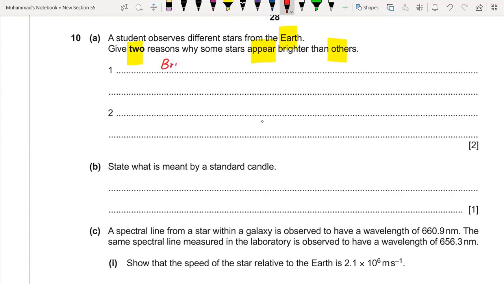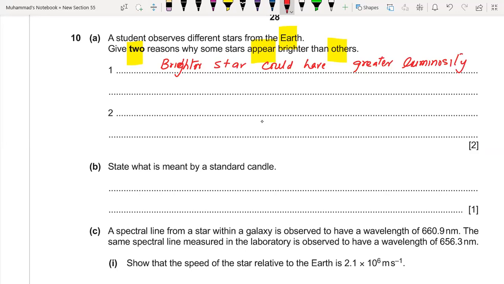The first reason can be that the brighter star could have greater luminosity. Luminosity is the total power emitted by a star. So each star will have a different amount of luminosity, so that's why they will appear different. So this is the one reason.